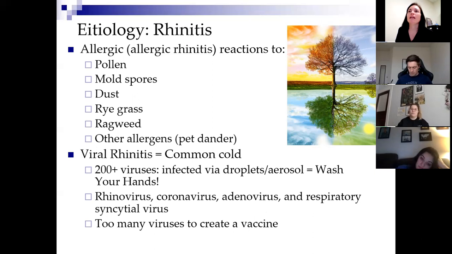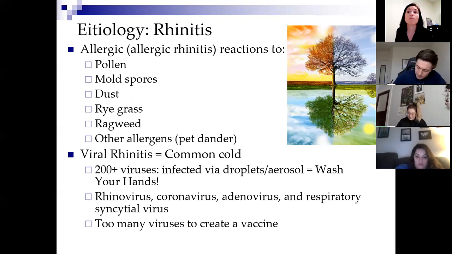Okay, so the common allergens include what you see here: pollen, dust, ragweed. Viral rhinitis, or what is referred to as the common cold, presents with many of the same symptoms as allergic rhinitis, but the cause is different, obviously.